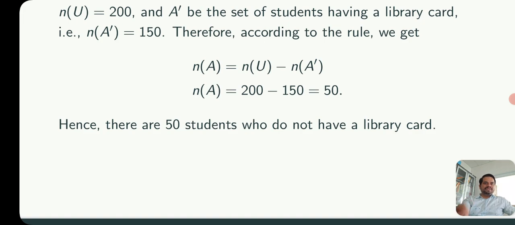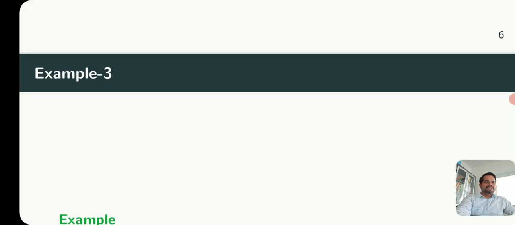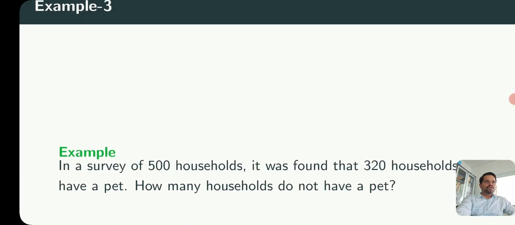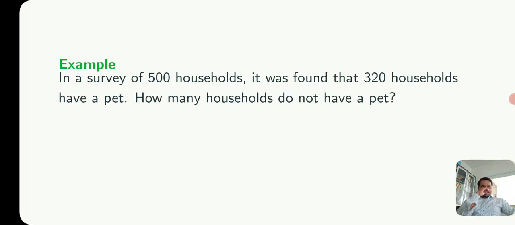Yes. Look here at example number 3, which is the example on households without pets. A survey of 500 households reveals that 320 households have a pet. So the question is, how many households do not have a pet?